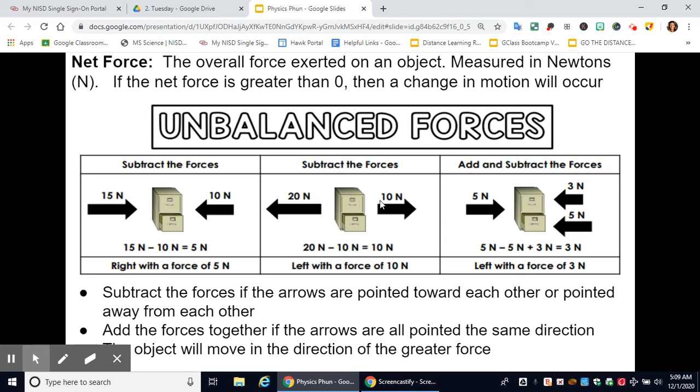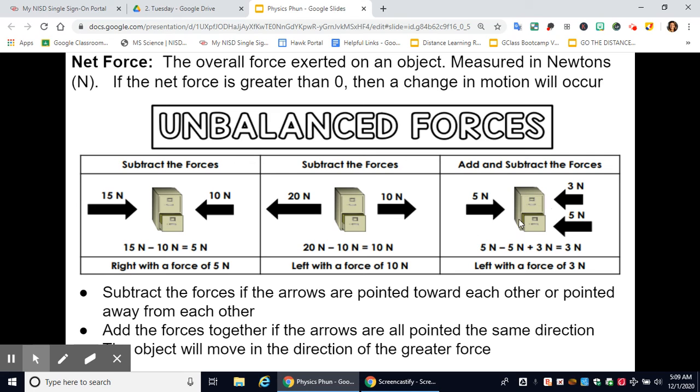Over here, arrows are pointed away from each other, so we subtract. 20 subtract 10 is 10 newtons of force. 10 is greater than 0, so this object is going to move in the direction of the greater force. 20 is greater than 10, so the box is going to move to the left with a force of 10 newtons.